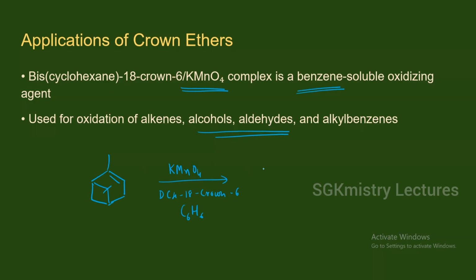So I use benzene here. So you can see there is oxidation that is occurring in various groups, right? So opening of the ring takes place. So this remains as such. This particular group remains unchanged. This remains as such. Now here, this carbon atom is oxidized to COOH.